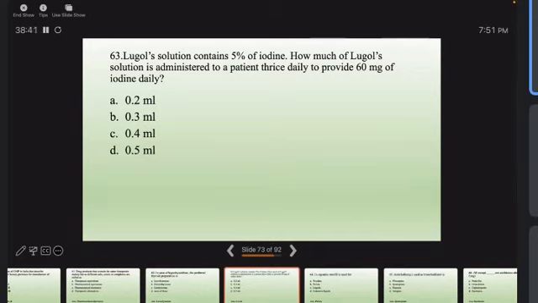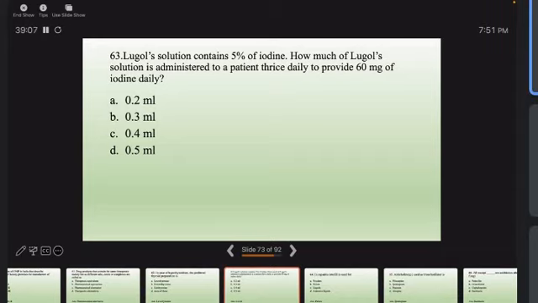You can use your pen and paper to calculate. There is no actual formula to this, it is very basic. Lugol is basically an antiseptic.